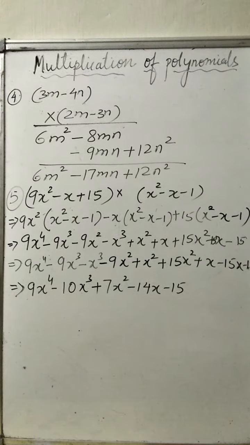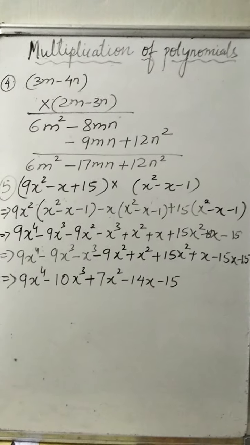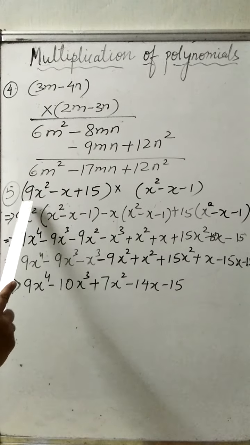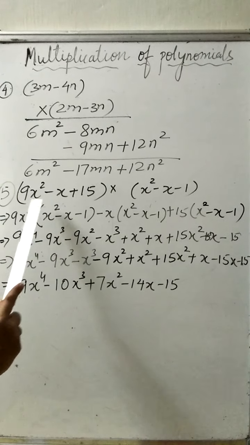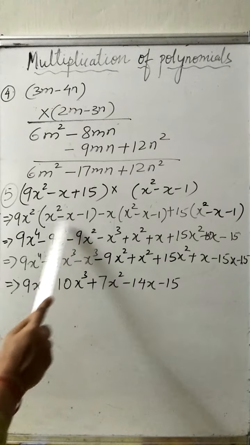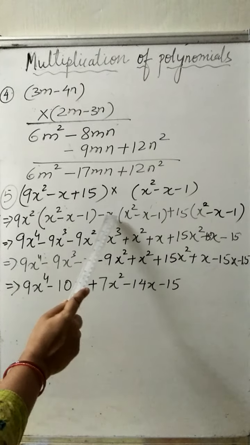Next is, if you are multiplying a trinomial by trinomial, the rule is same. First you have to take the first term, that is 9x square. 9x square multiplied by this whole bracket. Whole bracket I have written, you see. The next term is minus x. So right here minus x.